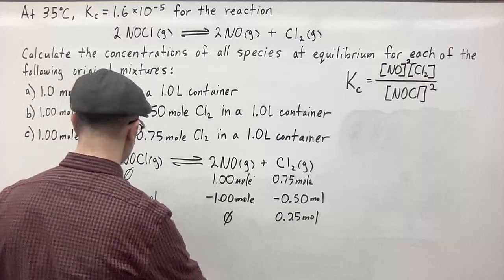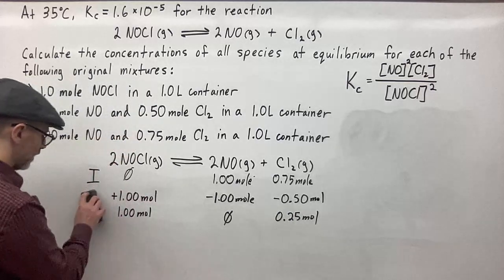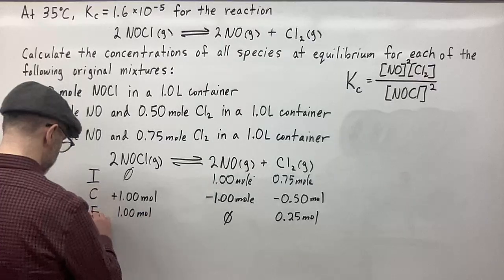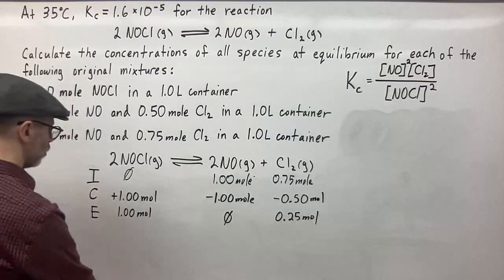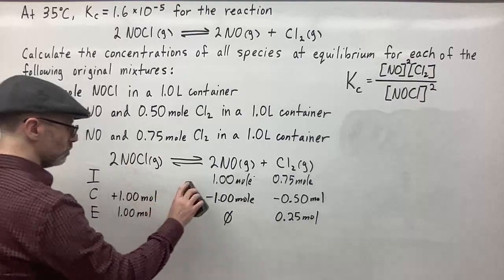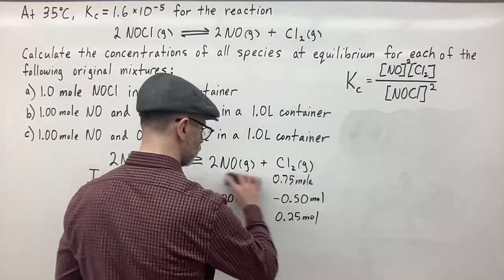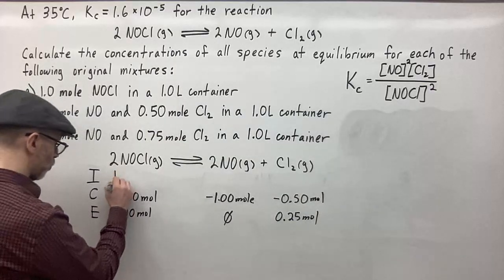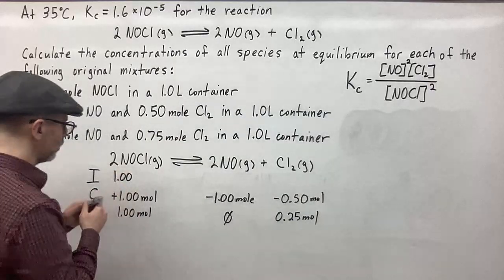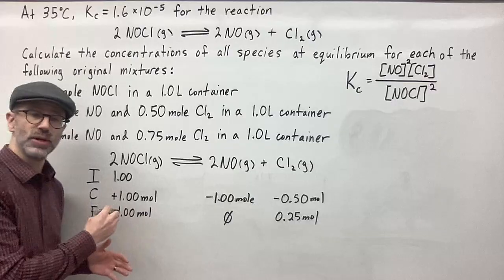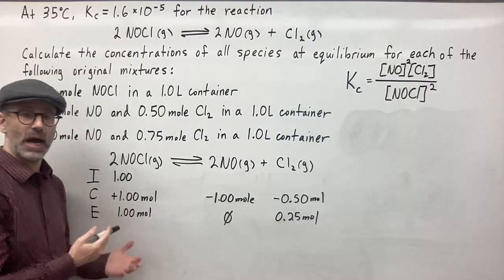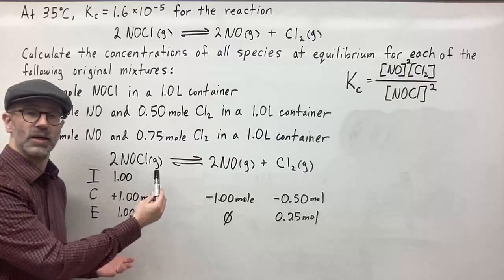So now I can reset this up and do an ice table. So let's set up the ice table. I'm going to put the initial concentrations up here. So now I'm starting with 1.00. Now I'm going to do molarity. Remember, when you're doing equilibrium problems, it's got to be in molarity. When you're doing stoichiometry problems, it's got to be in moles.